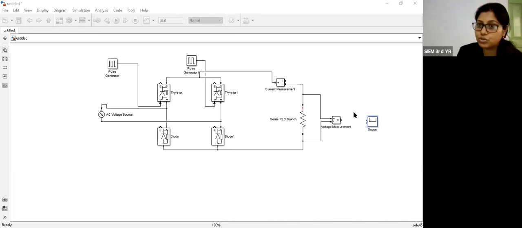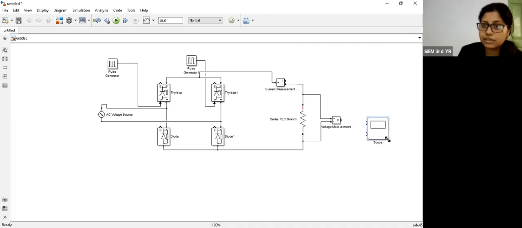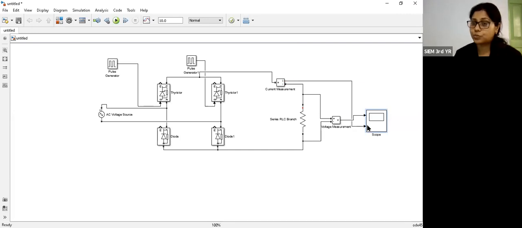The number of axes should be 2. So you can see that I'm choosing the number of axes as 2. This is our first parameter, the output voltage, and the second parameter which we want to see is our output current. So output voltage and output current both are connected with the scope.